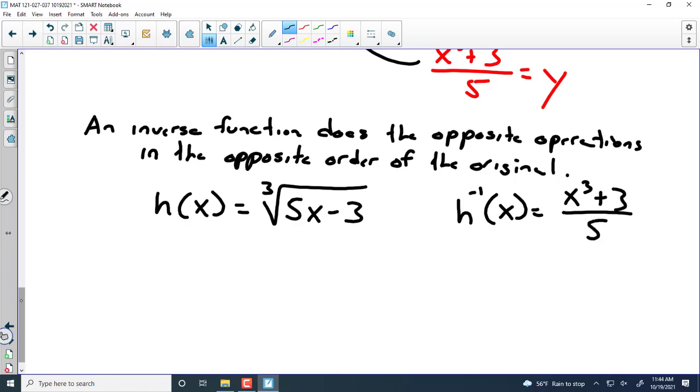So here's what I want everyone to do with me right now. I want you to look at this h of x equation. And I want you to think about plugging a number in there. I actually don't care what number you plug in there, but think about plugging a number into this h of x equation. What's the first thing you would do to that number when you were trying to crunch out a y value? Multiply by 5. First thing you do is you multiply by 5.